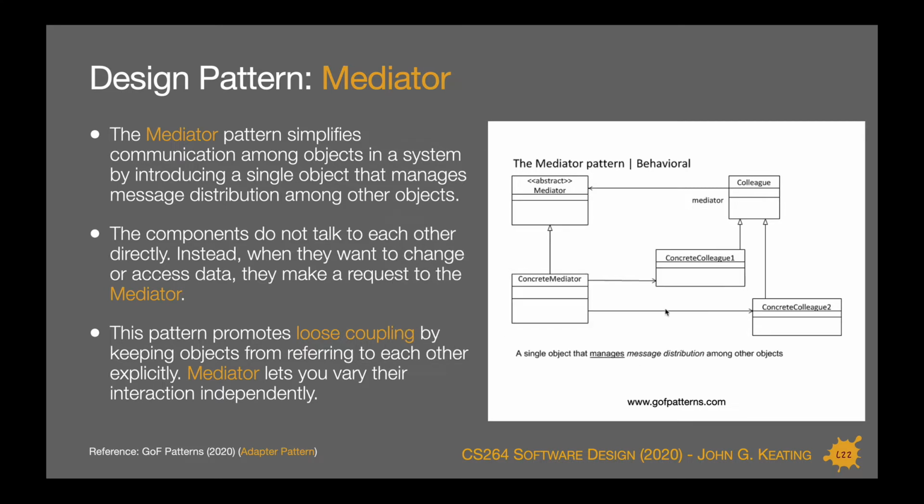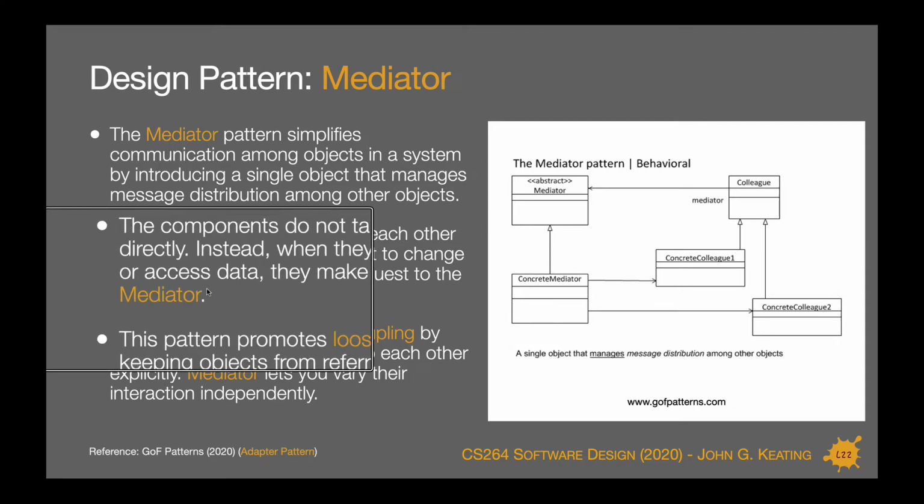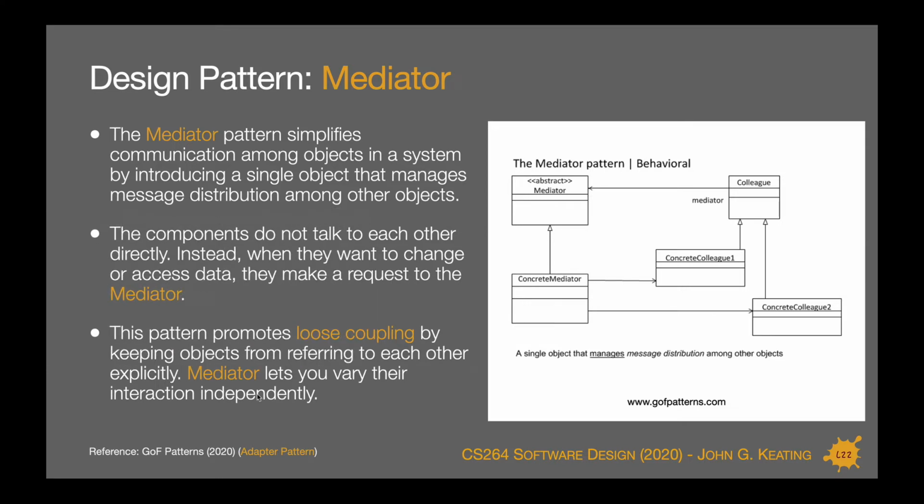So we have a concrete mediator. The components, in this case, colleague 1 and colleague 2, don't actually talk to each other. The participants, when they want to talk or change or access data, make a request to the mediator. So this pattern is nice because it promotes loose coupling by keeping objects from referring to each other explicitly. So Mediator lets you vary their interactions independently.